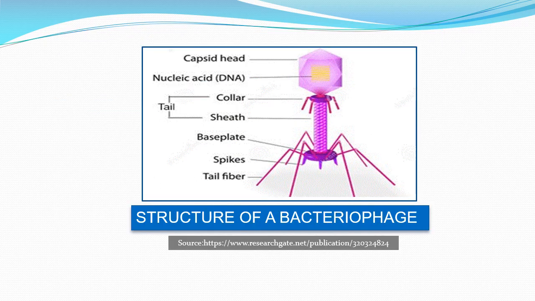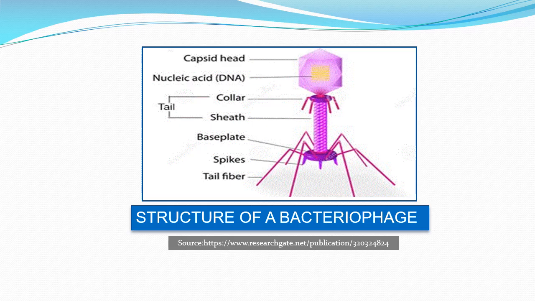To understand the life cycle of a virus, we have to know about the structure of a bacteriophage. Let me talk about a bacteriophage. Viruses that parasitize the bacterial cells are called bacteriophages or phages, the word phage meaning to eat.